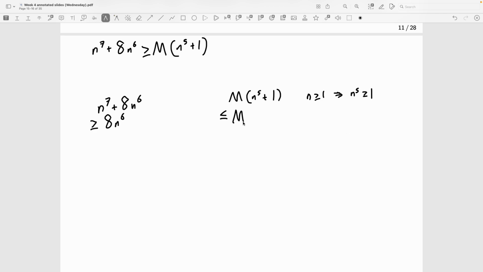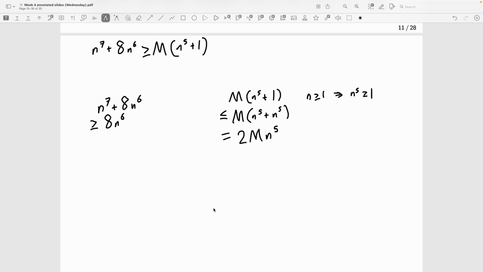And thus, we can simplify this to m times n to the 5 plus n to the 5, which we can simplify to that.